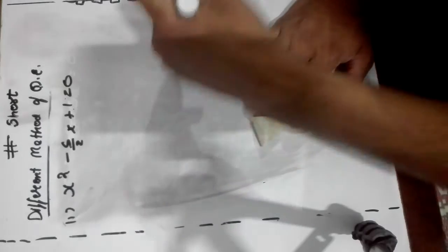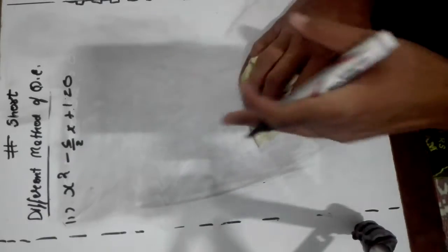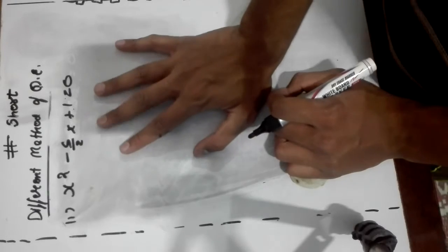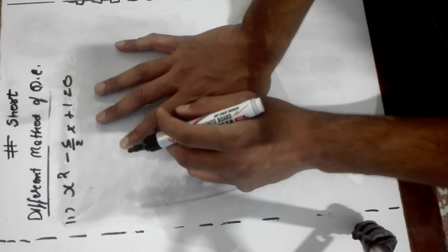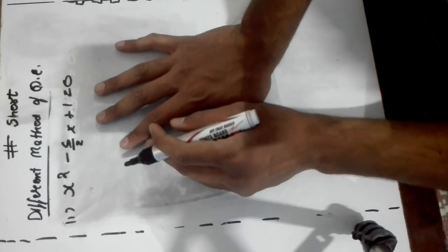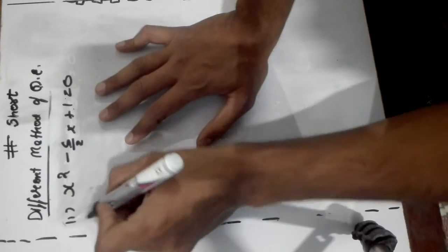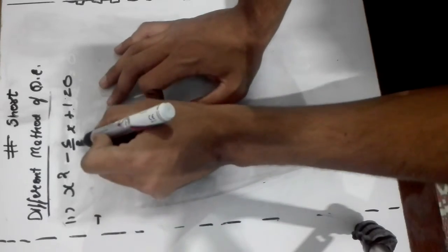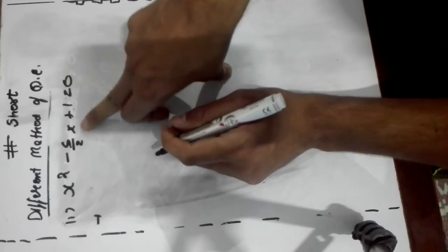Now, as you know, in NCERT you have to find the discriminant and other things. Then it gets very long, and then you get the roots. You cannot tell by looking at it, but by the different method which I am teaching you, you can actually see the answer clearly. Now we have minus 5 by 2 as the sum and 1 as the product.